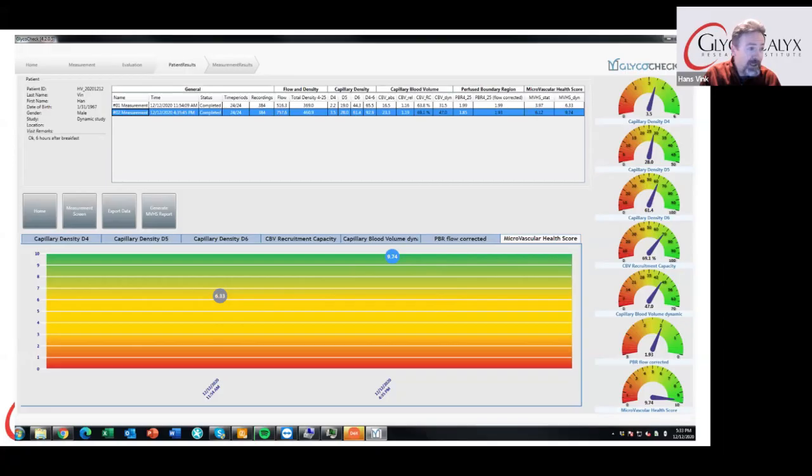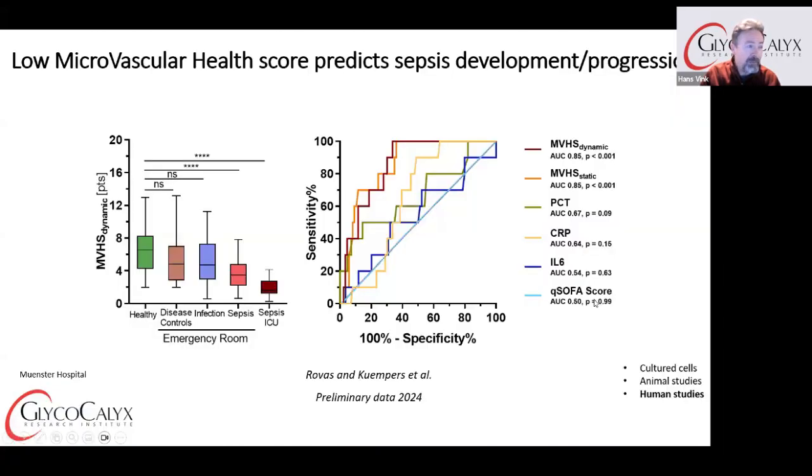One more slide, and then we'll go back to you. We measured the microvascular score in different settings to see if we can identify people at risk. This was in the ER, with people coming in with infections, to try to determine if we can identify people at risk for going into sepsis or getting much worse. This is the specificity versus sensitivity.